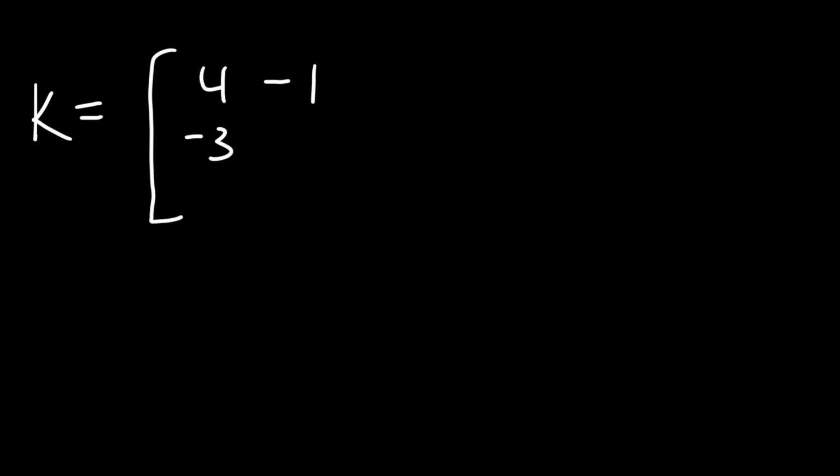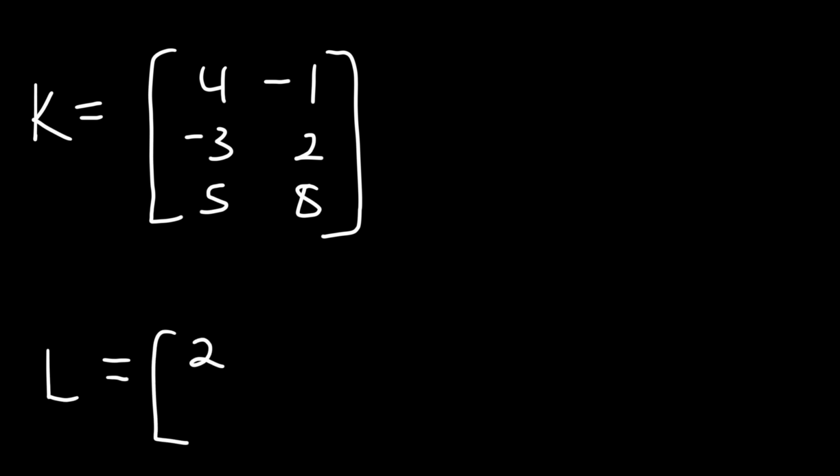Now you try out the following examples and see whether you have understood the concept. For each example, find the order of the matrix and also identify whether the matrix represents a square matrix. For the first example, let's say we have matrix K containing the elements 4, -1, -3, 2, 5 and 8. And then matrix L containing the elements 2, 5, 7 and 3.